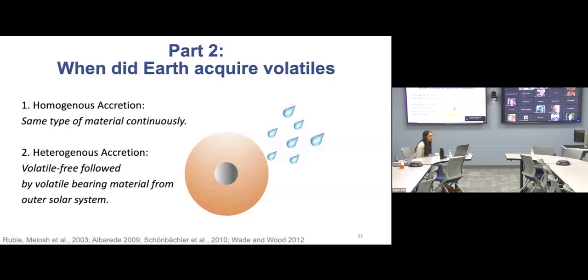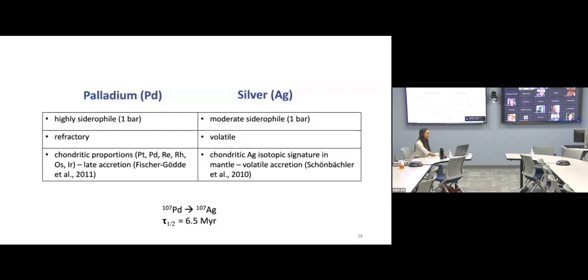But more recently, other elements, such as moderate volatiles, have been used as tracers for when these more highly volatile elements could have accreted. So for this project, I explored two elements, palladium and silver, as possible tracers of volatile accretion, and also early fractionation processes in the Earth, so volatile accretion and loss, as well as core formation.